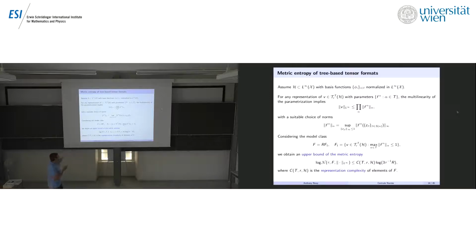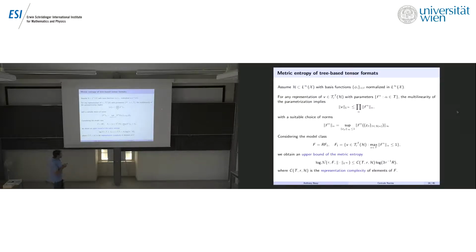So you have, very easily, this inequality: the norm of V in L infinity is bounded by the product of the norms of F alpha. You have flexibility on the choice of the norms, and I define the norms such that the constant here is 1. You obtain it with this particular definition of norms. I don't go into the details; it's related to injective norms of tensors.